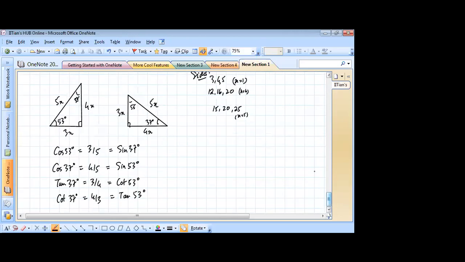Apart from the standard values of 30 degrees, 45 degrees, 60 degrees, 90 degrees, zeros that you already know for sine first, now you also know 37 degrees and 53 degrees. So these are some important values.